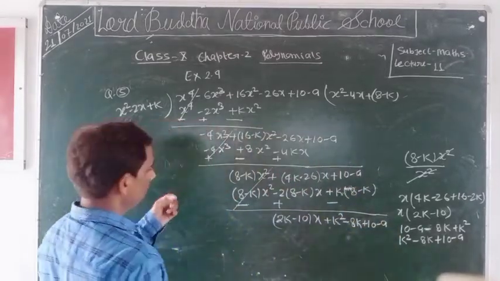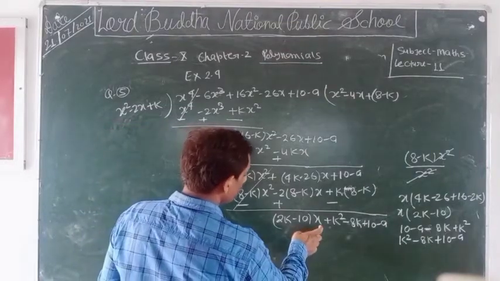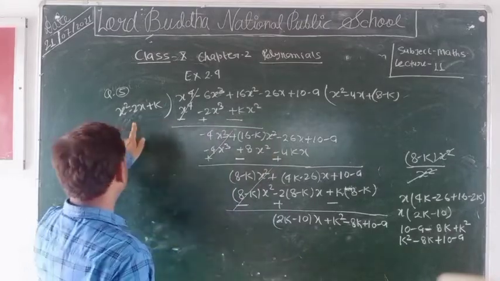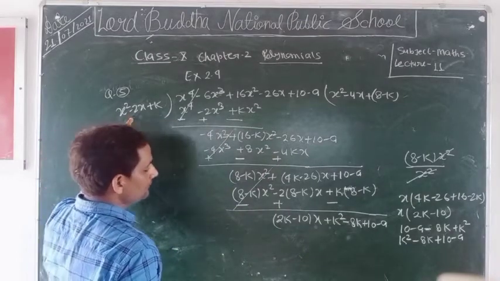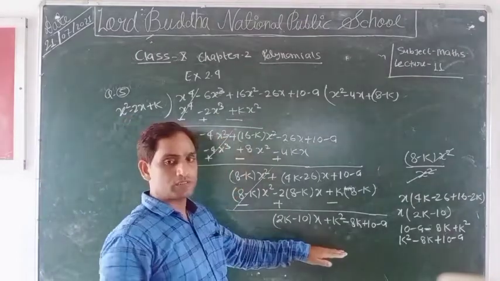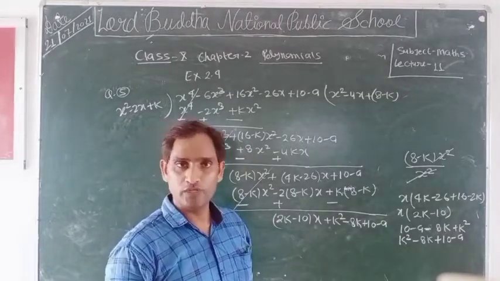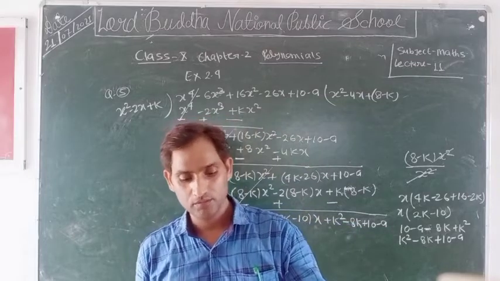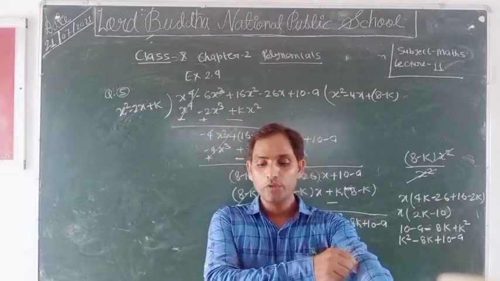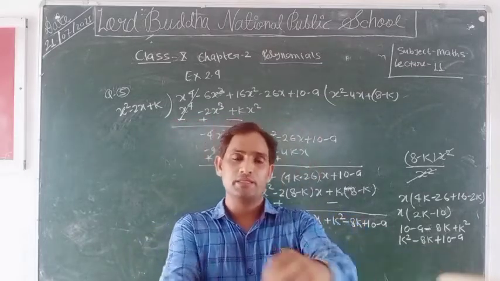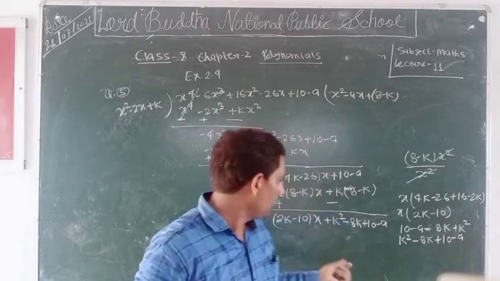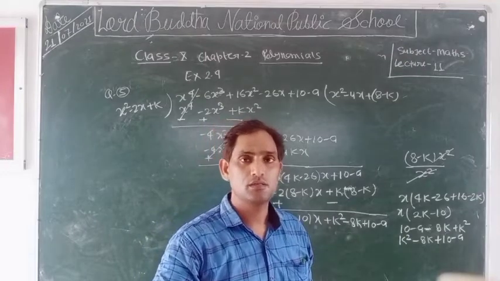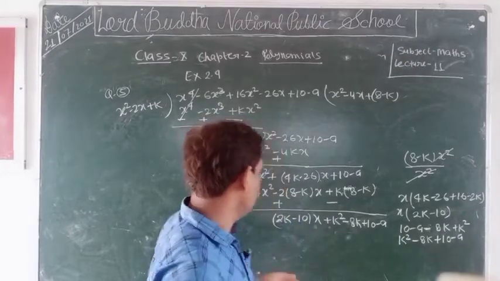Now we see that the degree of the remainder is less than the degree of the divisor. Hence, the division process will not continue further. Now we compare the coefficient of this with 0 because the remainder will be 0 in that case.